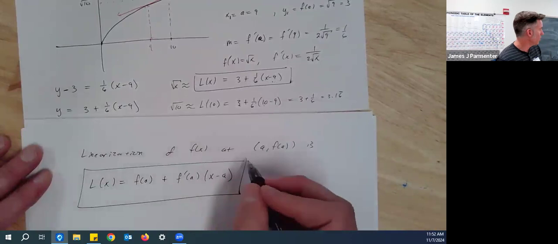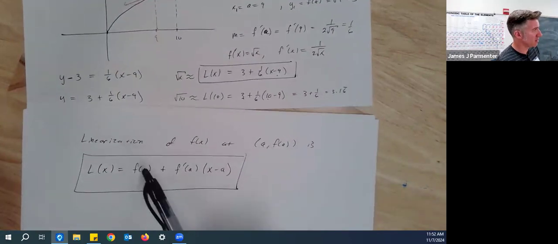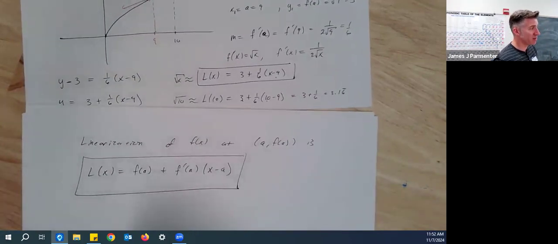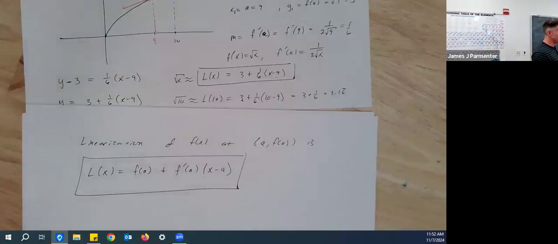Which again, I don't think you should really memorize, because you already know what they're asking you for. They're asking you to find the equation of the tangent line. You already know how to do that. So this is just a slightly different way of writing it than we might usually write it.